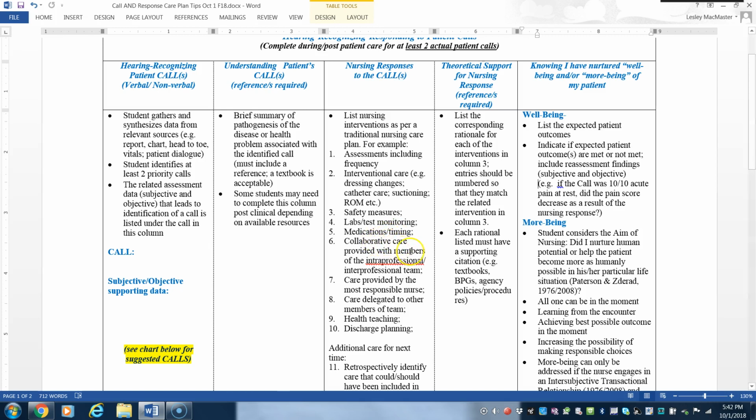Any collaborative care provided with members of the interprofessional team. And we strongly encourage that, to meet the outcomes for this semester, students are interacting with members of the interprofessional team weekly, at least once per week.